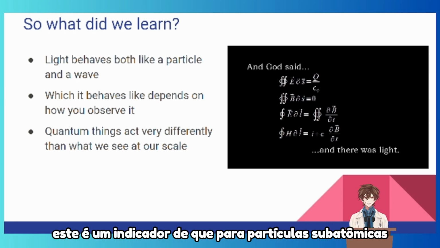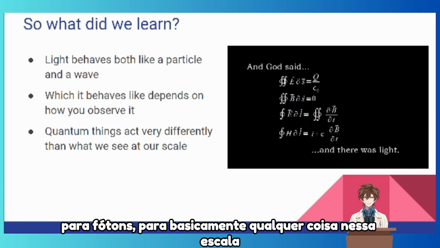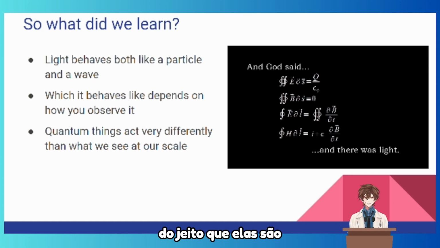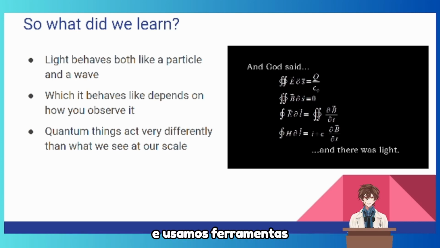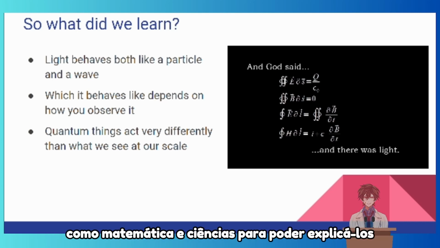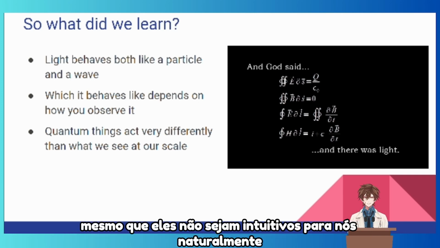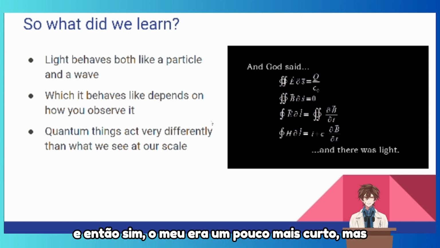Ultimately, this is an indicator that for subatomic particles, for electrons, for photons, for basically anything on that scale, the way they are is very different than what might come naturally to us. We use tools like math and science to explain them, even though they're not intuitive to us naturally.